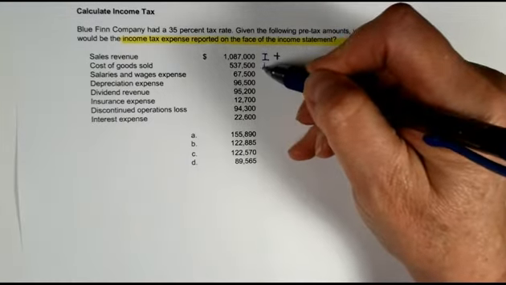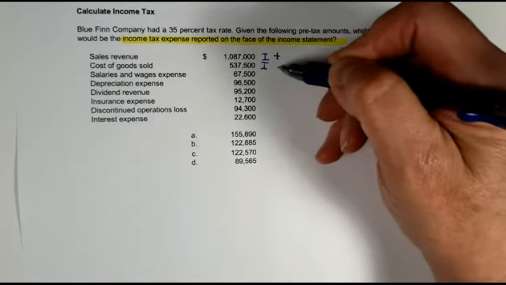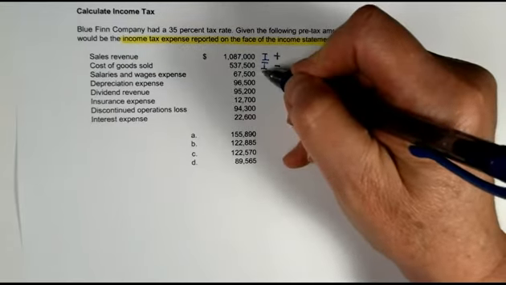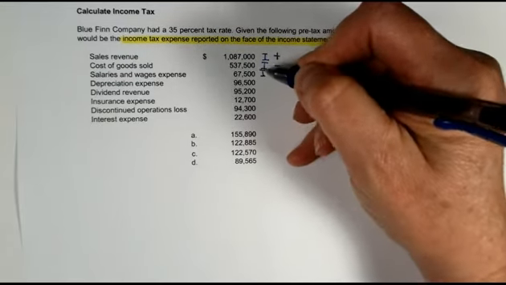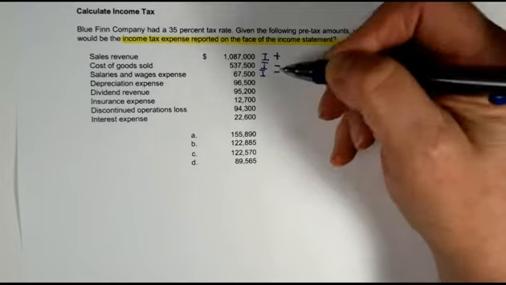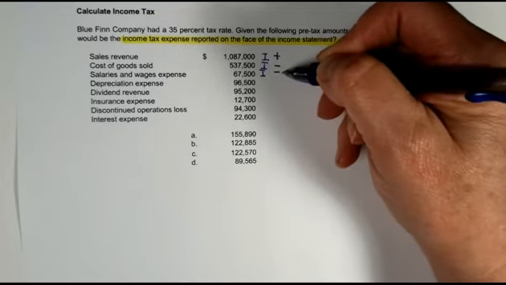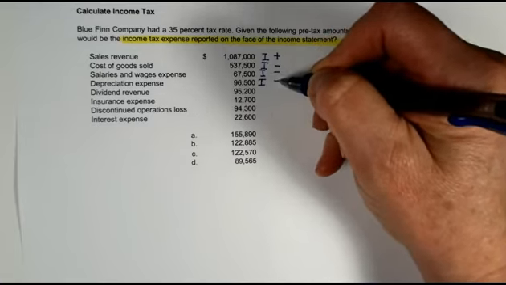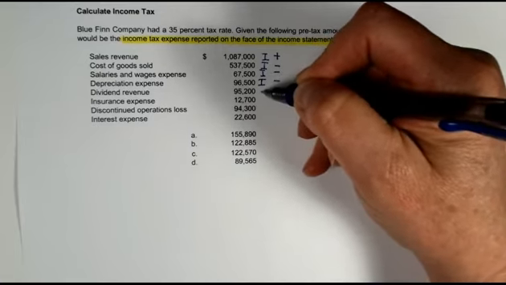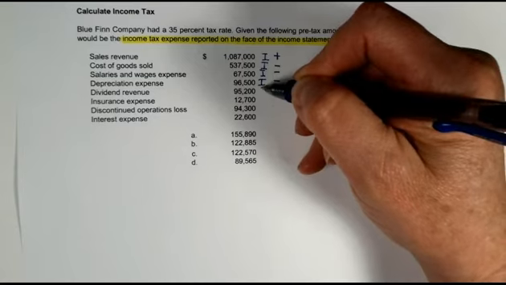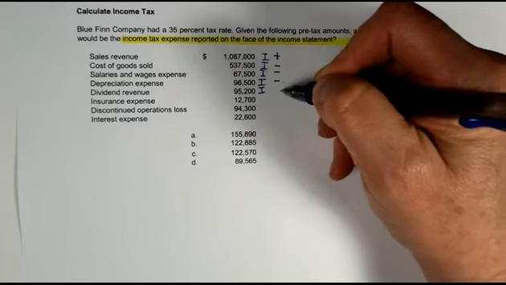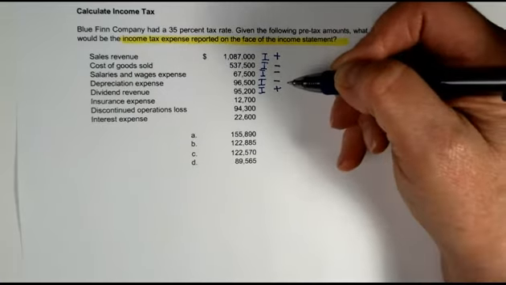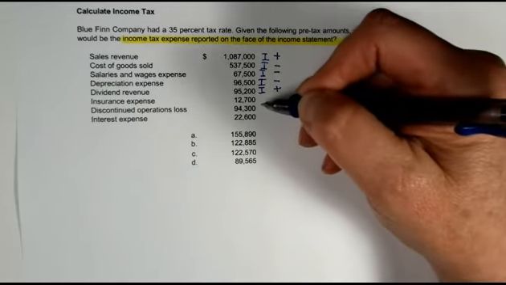Cost of goods sold, absolutely, that's income from continuing operations, but that's a reduction because that's a cost. Likewise, sales, salaries and wage expense, that is income from continuing operations, it's a reduction. Same thing with depreciation expense. Dividend revenue, that would go in the other section, but it's still a component of the income from operations, and that's a plus.